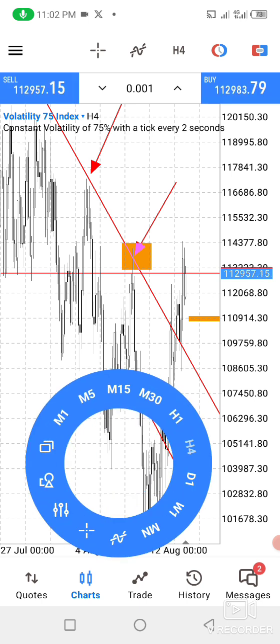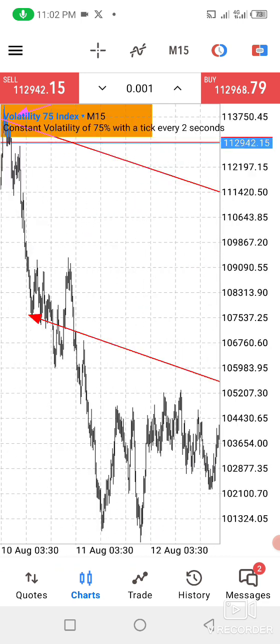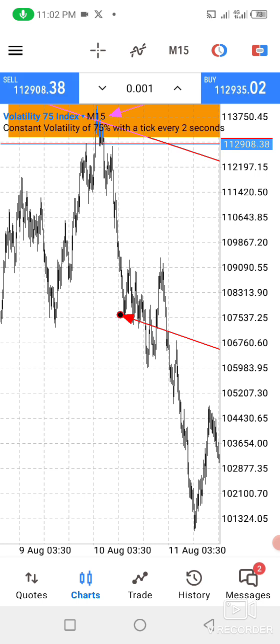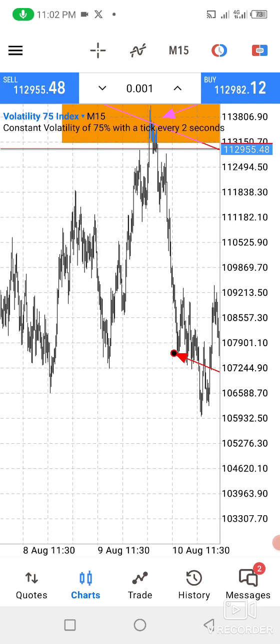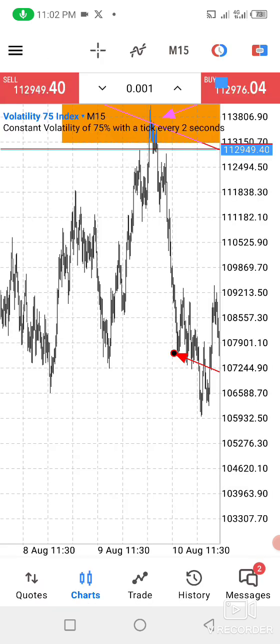We step down to a lower time frame, 15 minutes or 5 minutes. So as we have stepped down, what we want is the ability of the price action to create a series of resistances, because we are looking for a sell. So first of all, we need price to stop at that trend line.